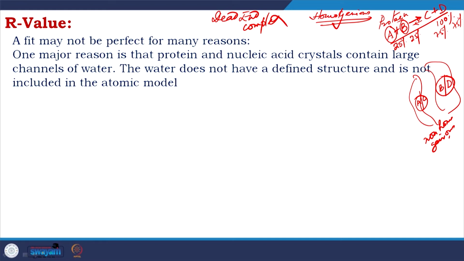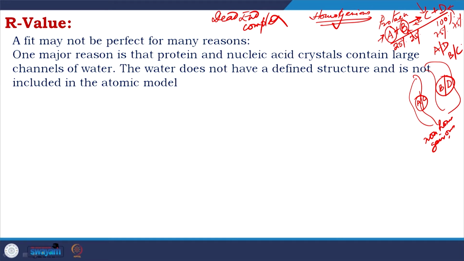What is a dead end complex? A dead end complex is you use A and D or B and C, because you know A will never react with D or B will never react with C, neither they will compete for the same active site. This is called the dead end complex to use in protein crystallography.